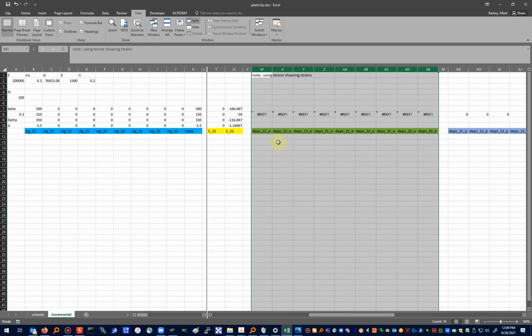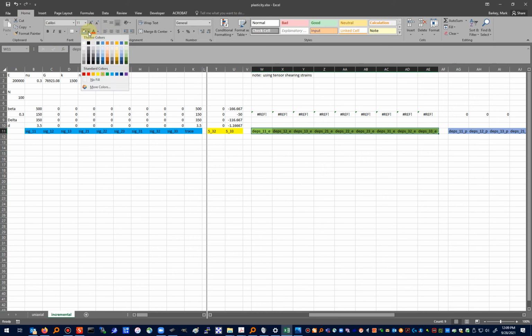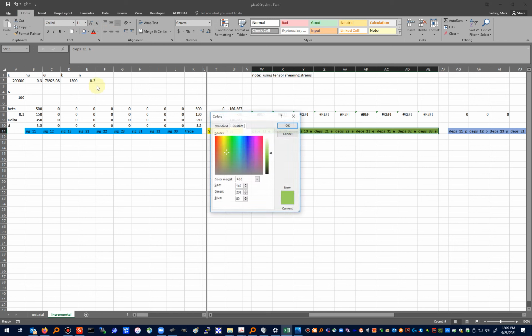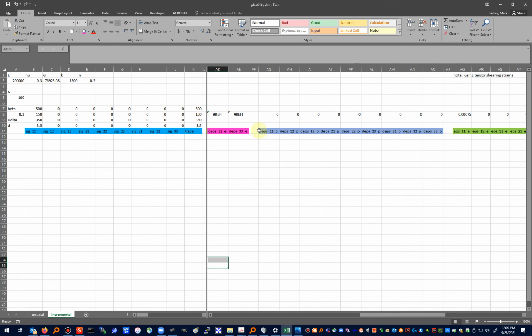Okay, so let's see here. Let's change this color to make sure we don't confuse it with the total strains. Hopefully that's not too bright.